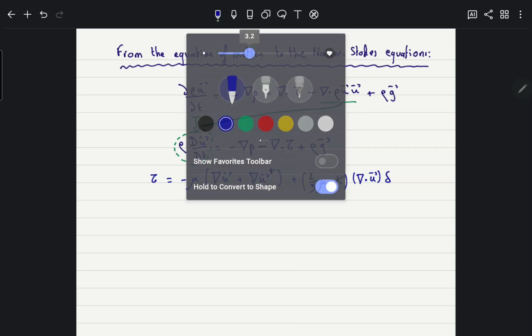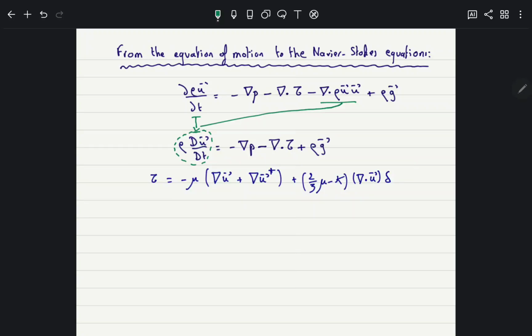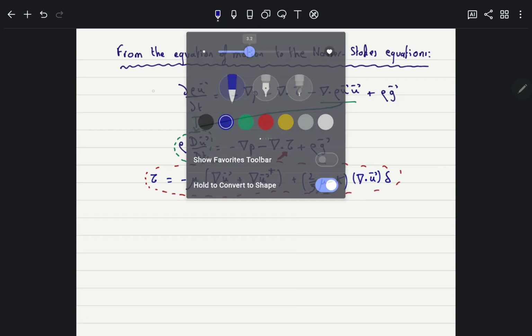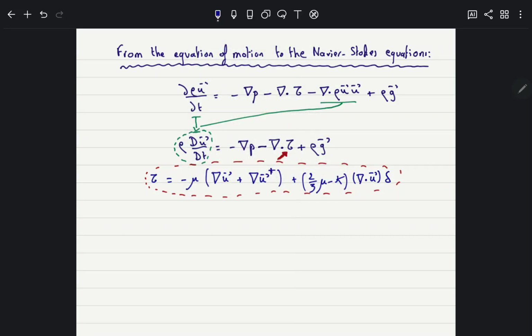And so if you are inputting this tau right here in the equation of motion, then basically you get the Navier-Stokes equation. But what we're going to do now is simplify this a little bit further and consider that we have an incompressible Newtonian fluid with constant viscosity.